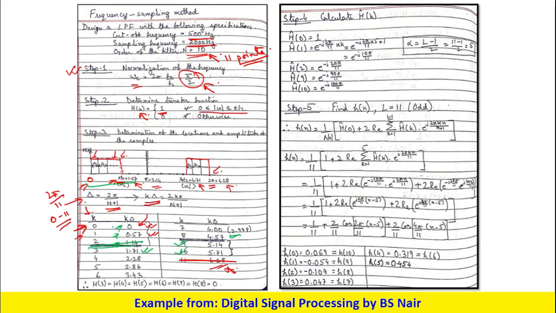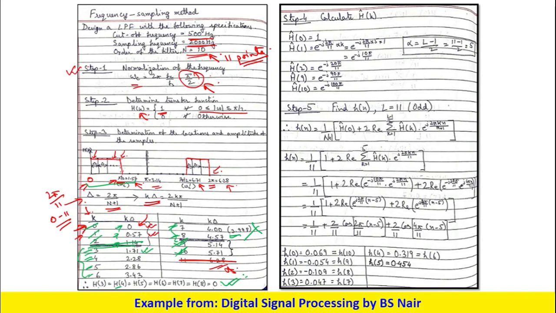So how many points are we getting? 0, 1, 2, 9, 10. So in total we are getting 5 points. Okay, and the other points in between are rejected. So that means h of 3 equals h of 4 equals h of 5 equals h of 6 equals h of 7 equals h of 8, which have a value of 0.